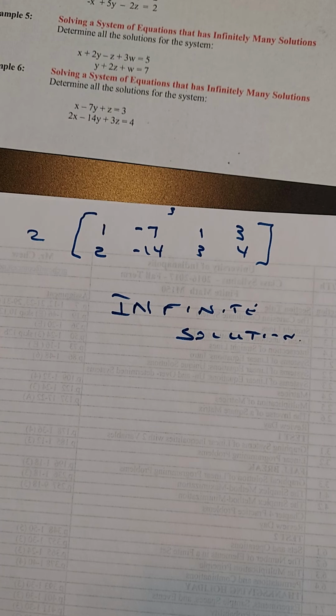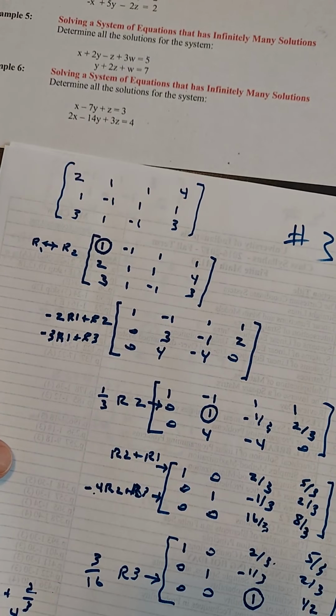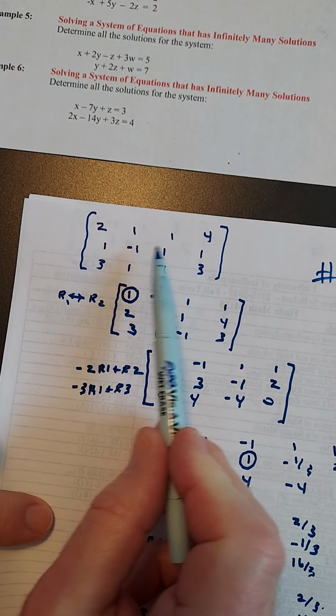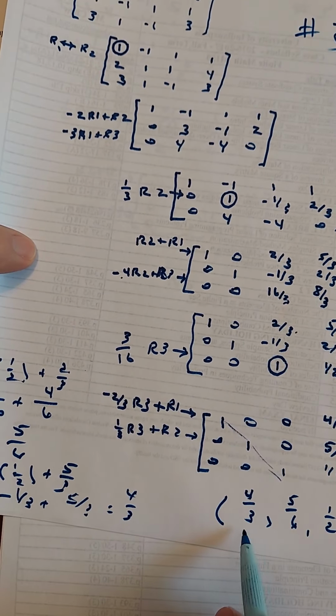Just be aware that most of the problems that you're going to do will have what they call a unique solution. A unique solution goes back to, pick one of those examples I had. This is example 3, where we took the equations, got the matrix, we worked it all the way down, and when you get down, you have an ordered triple.